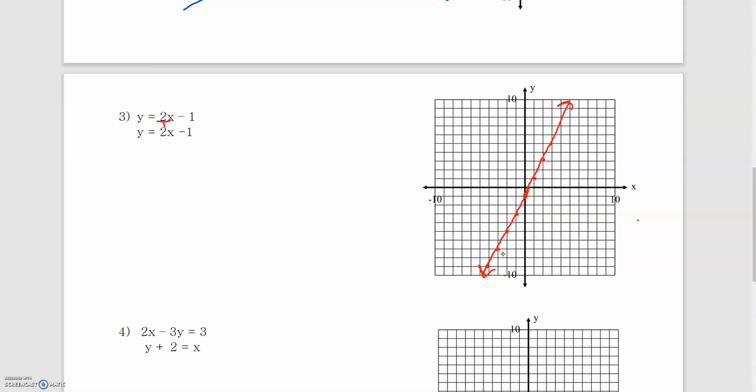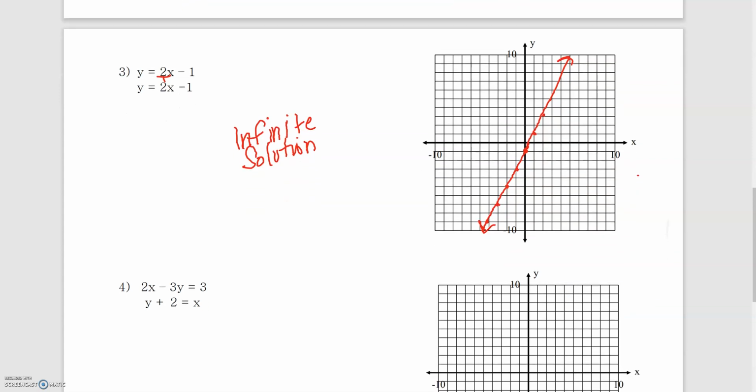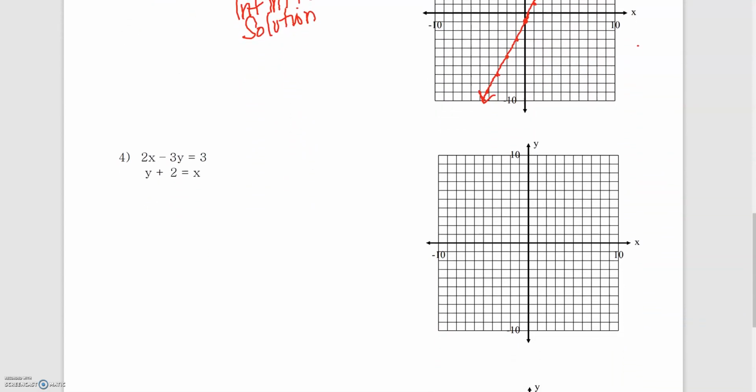So maybe try that if you're struggling. Hopefully you can read my handwriting. Infinite solutions.